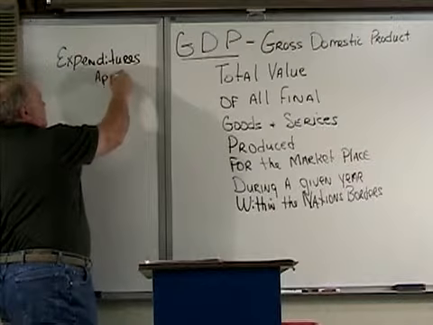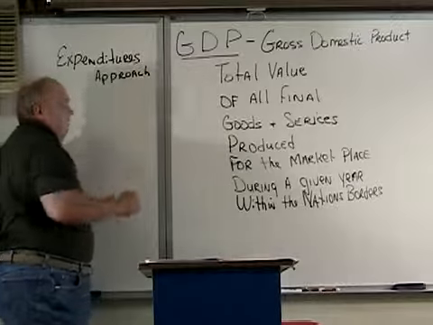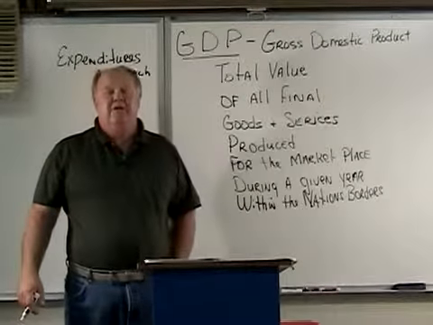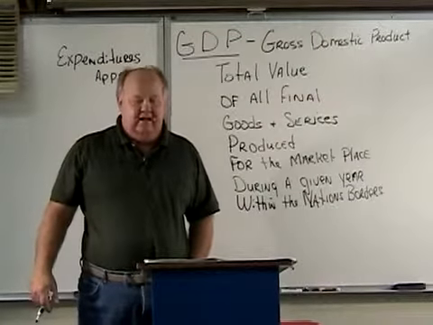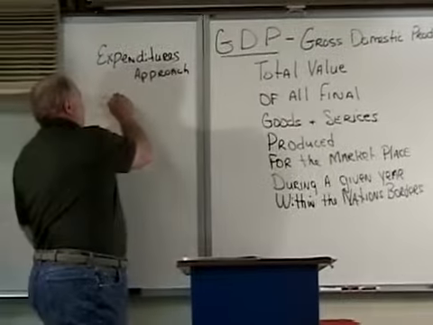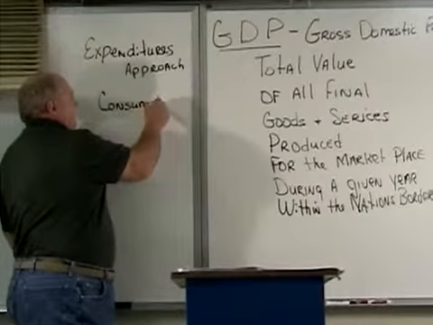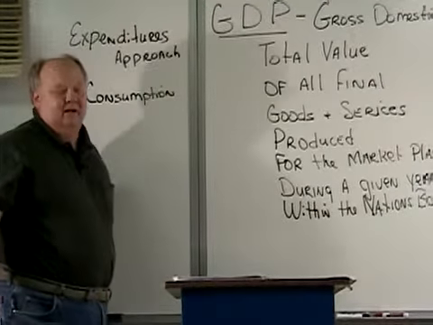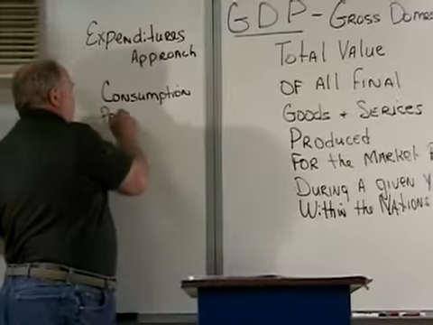The expenditures approach uses a formula where the spending, or the output, is divided into four categories. We have what's called consumption spending. This is spending by the households, by the individuals within a unit. We have what's called private investment.